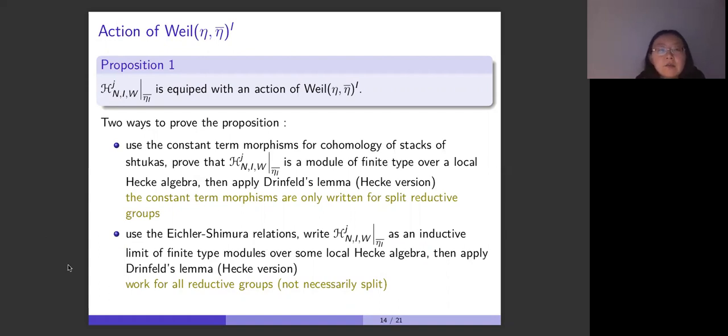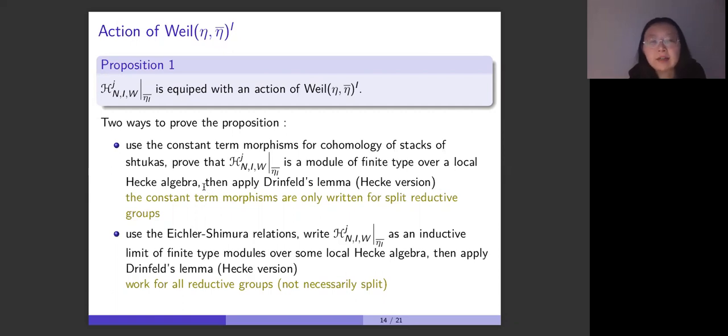There are two ways to get this. The first way is that we can use the constant term morphism for cohomology of shtukas and prove that the generic fiber of the cohomology is a module of finite type over a local Hecke algebra.